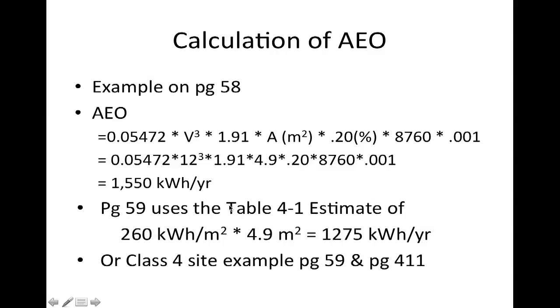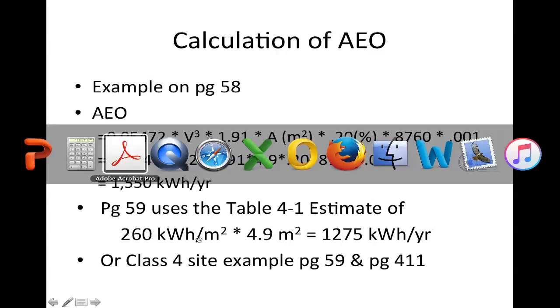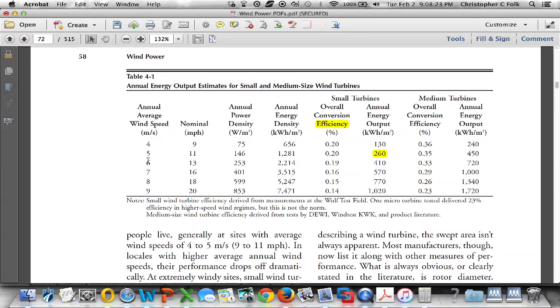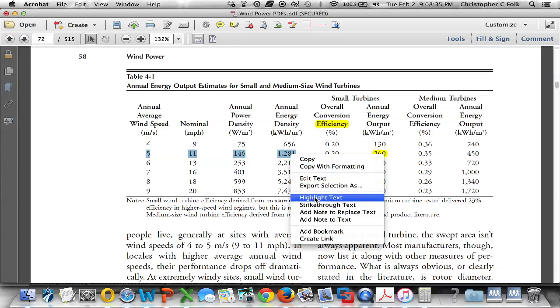Another thing we can do on page 59, instead of using the energy pattern factor and the 20% efficiency and so forth, is what's shown on page 49, and use an estimate from table 4-1. Let's go back and look at that. On table 4-1, it says that 5 meters per second, right here, gives me somewhere in the neighborhood of 1,281 kilowatt hours per square meter.